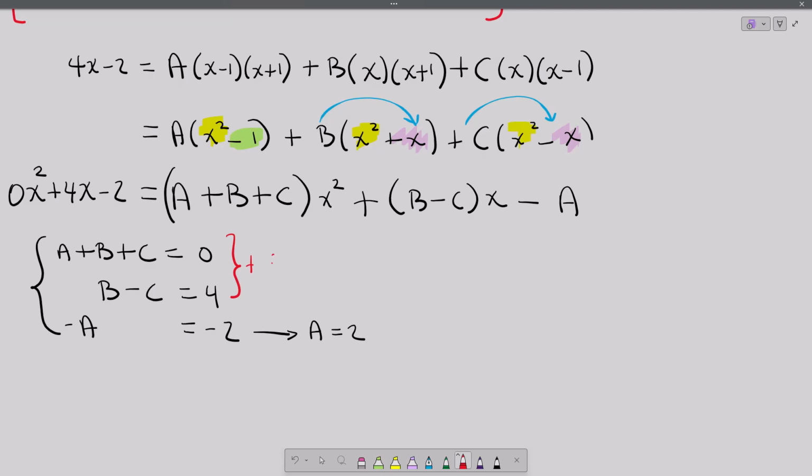I'm just going to add the top two equations. We're going to get a plus 2b equals 4. And so c disappeared if we add those two. And then we can plug the 2 in there for a. And that's going to give us 2. If we subtract that to the right-hand side, we're going to get 2b equals 2. So b is 1.